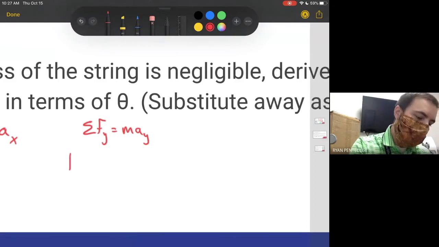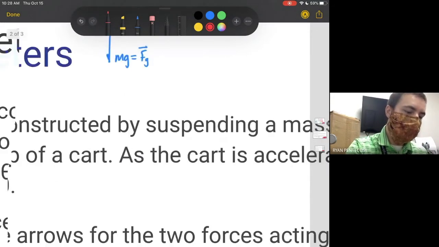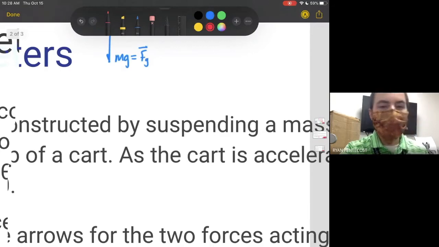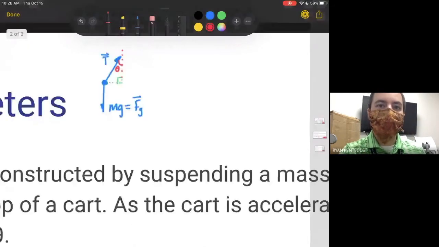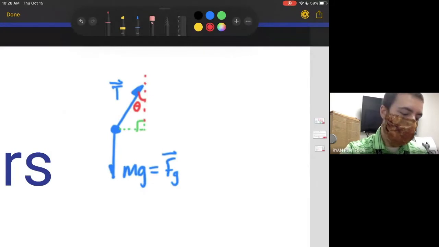We have tension, and this will be cosine theta. I'll explain that in a minute. Minus mg equals 0. So if we look up here, usually we use cosine for the x and sine for the y because we're measuring our theta to the horizontal. But as you can see here, our y is adjacent to the theta and our x is opposite. So we will use sine for x and cosine for y.